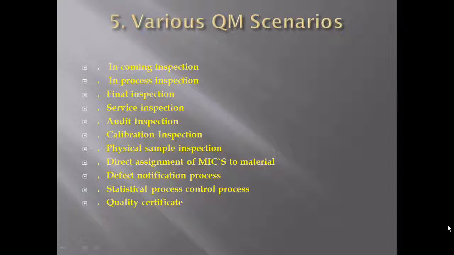So these are some of the industrial scenarios which are mostly used for quality inspection purposes, like incoming inspection, in-process inspection, final inspection, service inspection, audit inspection, calibration, physical sample, direct assignment of MICs to material, defect notification, statistical process control charts, and quality certificates.